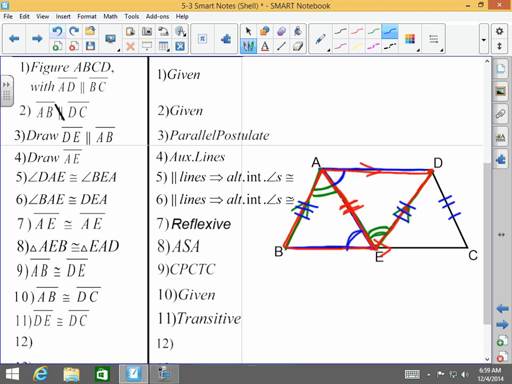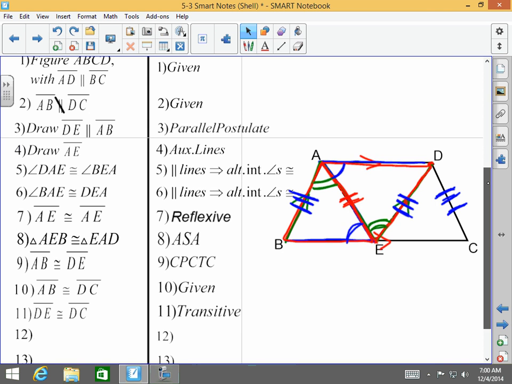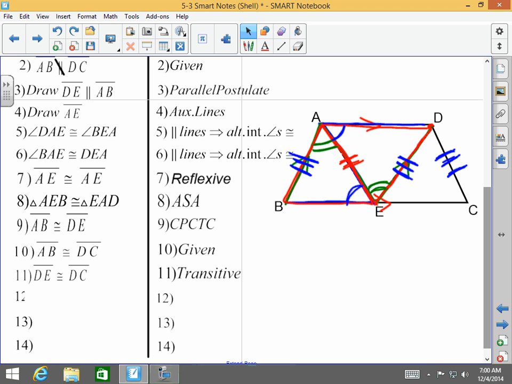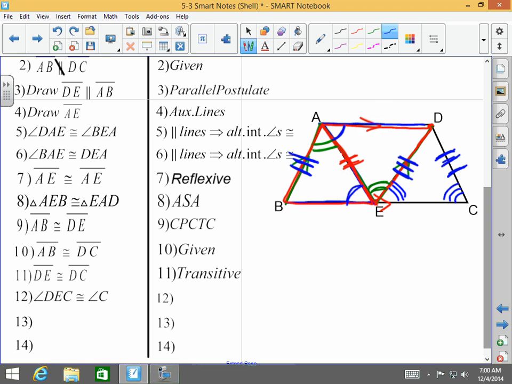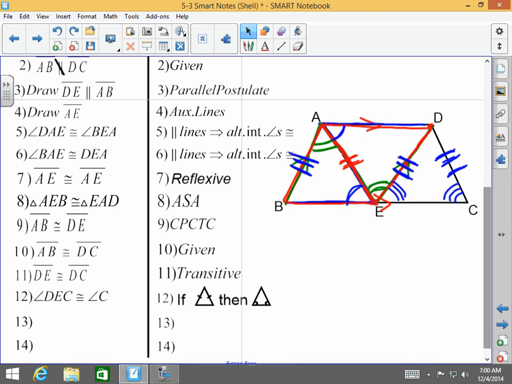Well, if AB is congruent to DE and DE is congruent to DC, then that means that AB is also congruent to DC because of the transitive property. From there, I can state that angle DEC is congruent to angle C because of if sides, then angles.